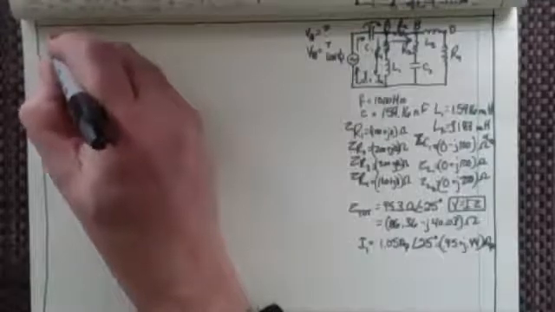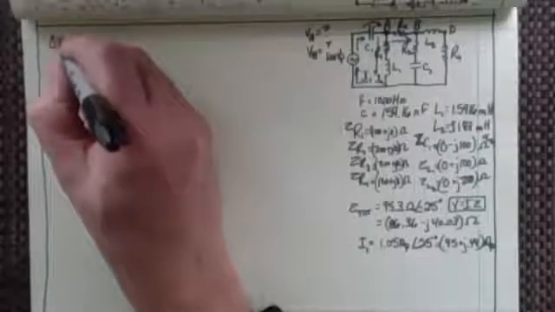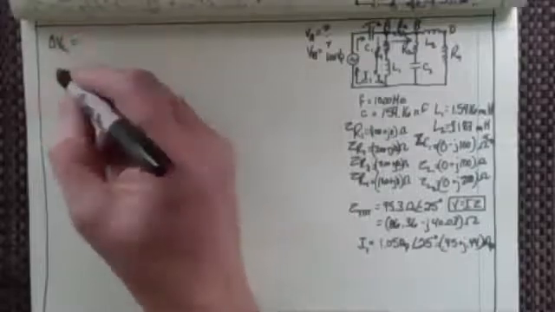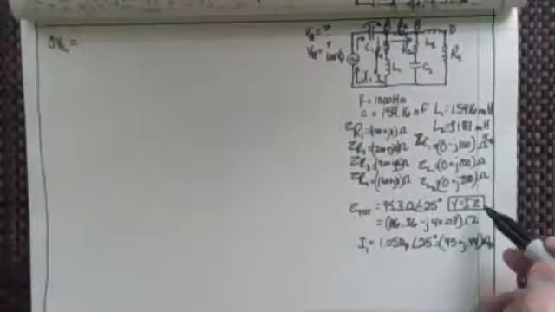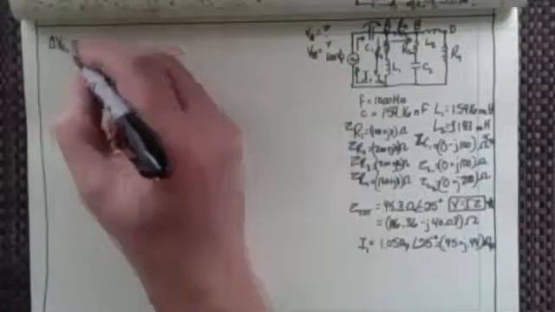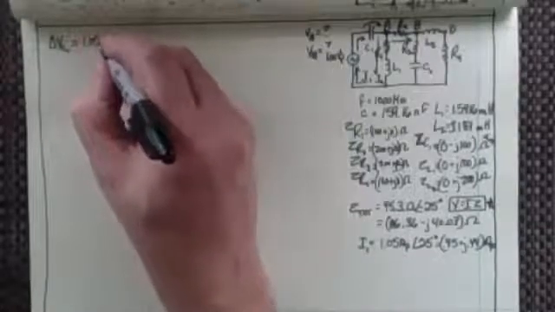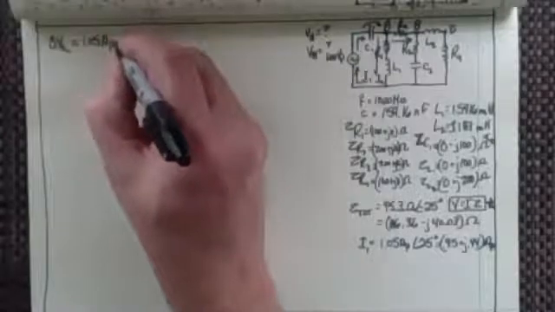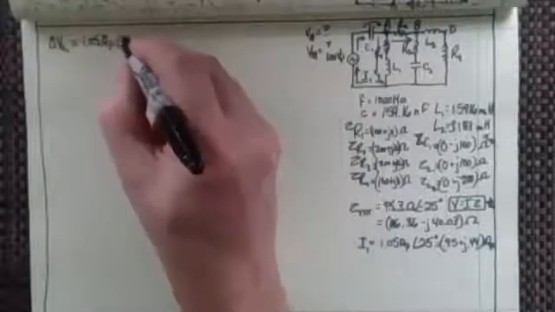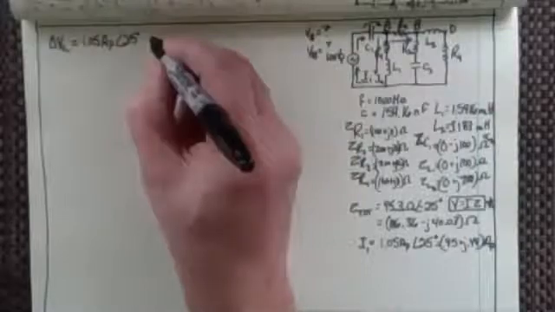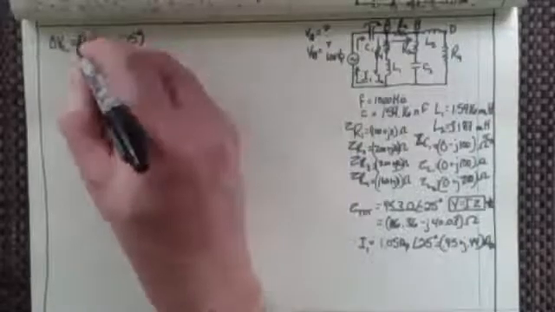So what's my voltage drop across that first capacitor? And going back to Ohm's law, that's why I put a star next to those things. Going back to Ohm's law, V equals IZ, we can see that it's just going to be the current through there, which would be 1.05 amps peak at an angle of 25 degrees, times the impedance of the capacitor, right?